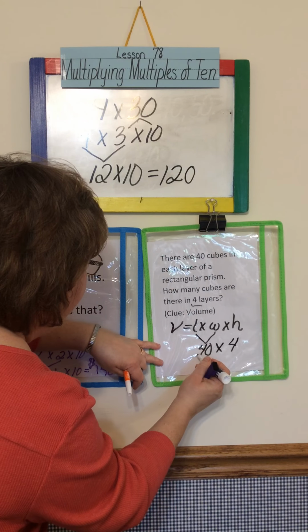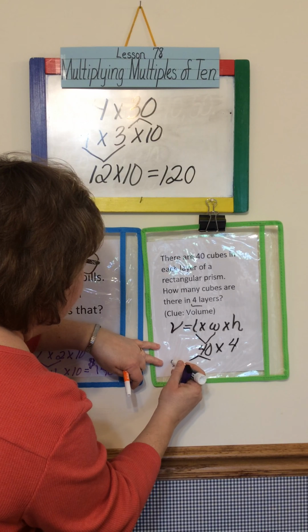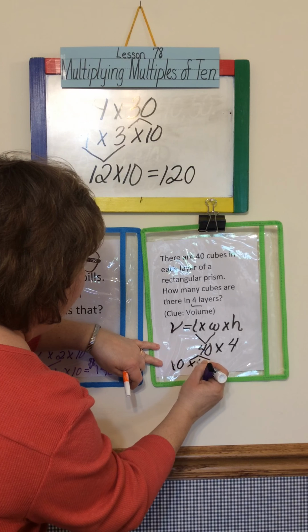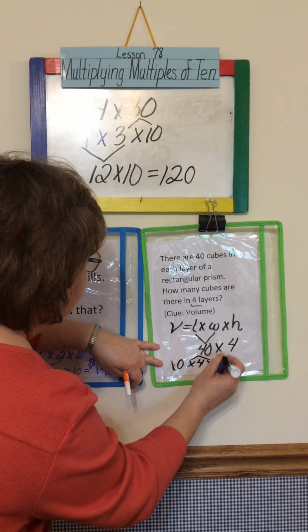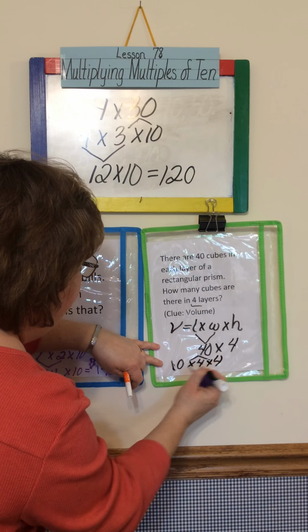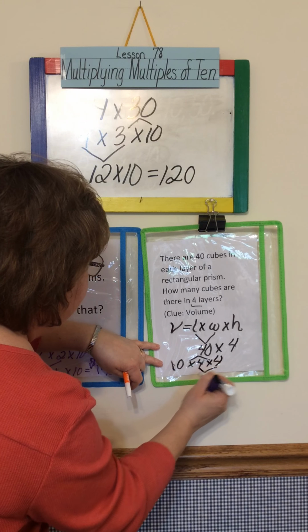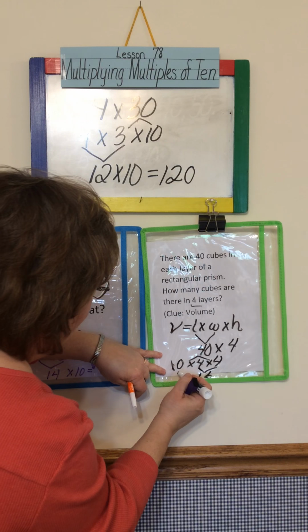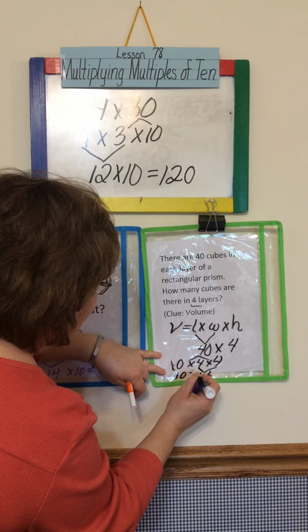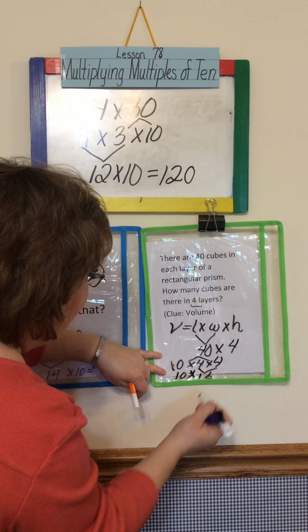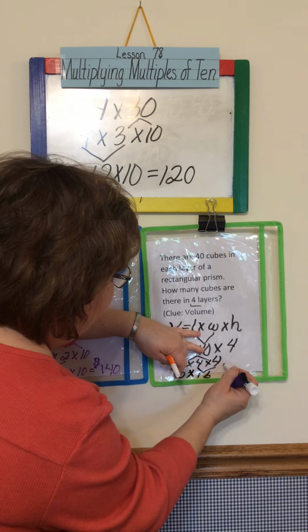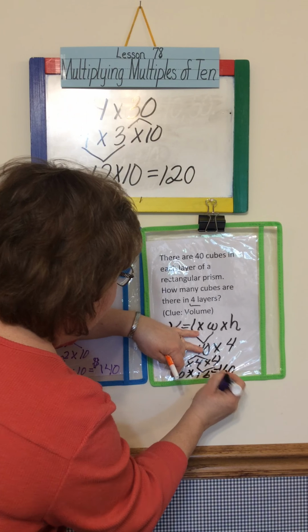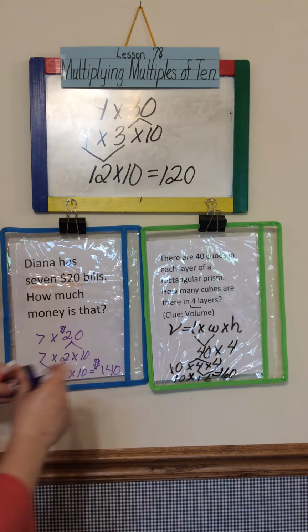Well, we break up 40 into 10 times 4 times 4. And we know 4 times 4 is 16. This is quite small. I hope you can see that. And then 10 times 16 is just 16 with a 0 at the end. So we have 16 with a 0 at the end is 160.